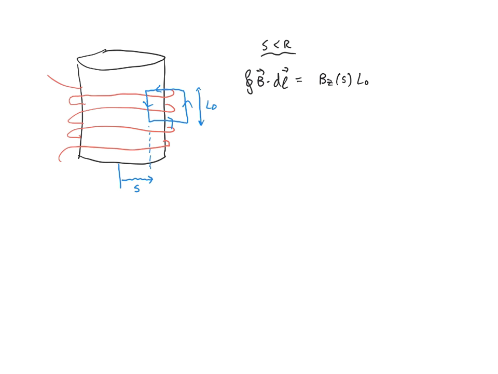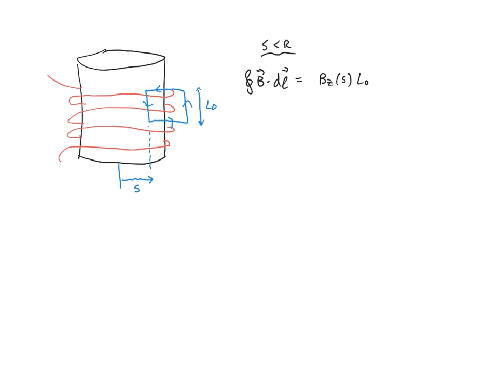The horizontal parts of the loop don't count because there's no radial component of the magnetic field. And then we're integrating outside of the solenoid, but we've just worked out that the field outside is equal to 0. So that's all we have.